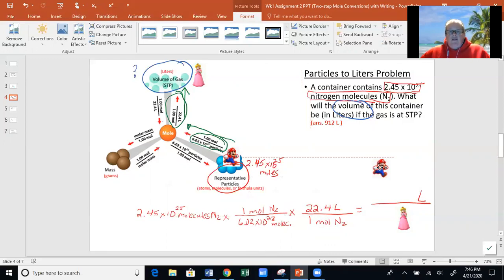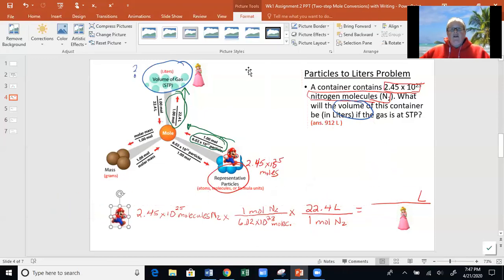And if you put this in your calculator, you should get 912 liters, and Mario has made it to Princess Peach. So again, Mario can do the ones in his head. The calculator goes like this: 2.45 times 10 to the 25th times 1 divided by 6.02 times 10 to the 23rd times 22.4 divided by 1 equals 912.